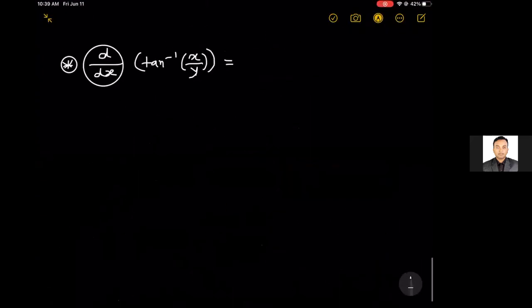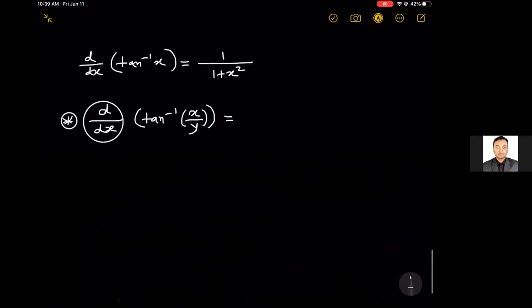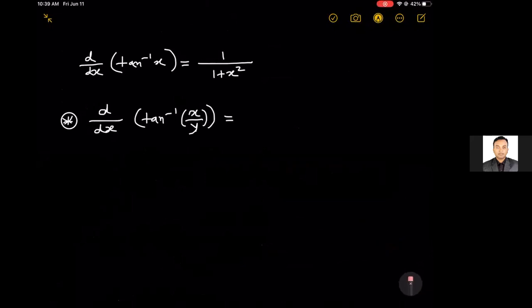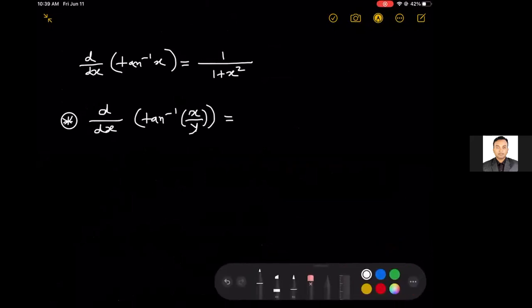Here is the problem I was talking about. What's the first thing when you see a problem like this? What's the first thing that comes to mind?